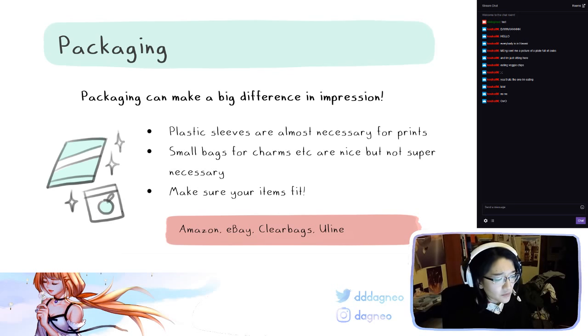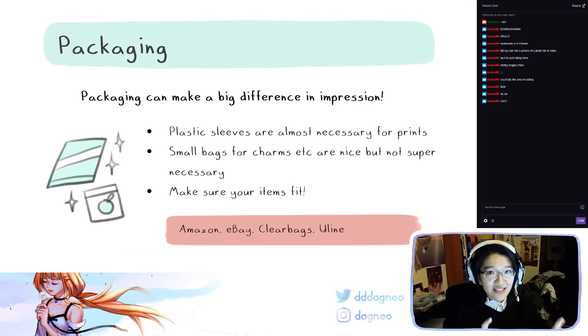The only thing that you really have to make sure for the sleeves and the plastic bags is that your items actually fit. So if you are buying plastic sleeves for your prints, let's say your prints are letter size, or I think that's A4, so like 8.5 by 11 inches.